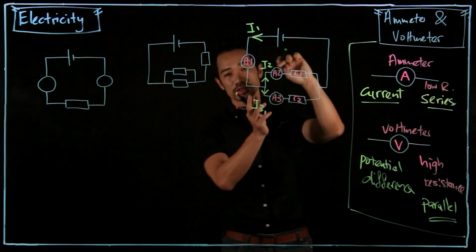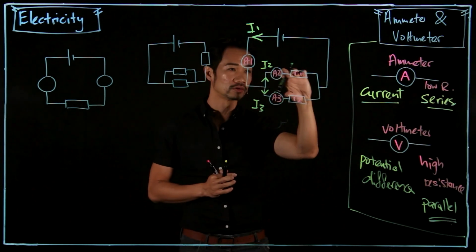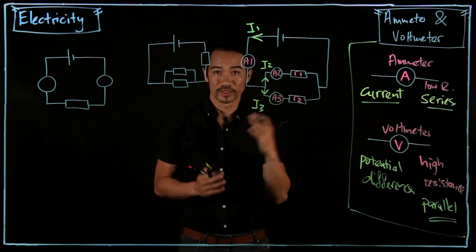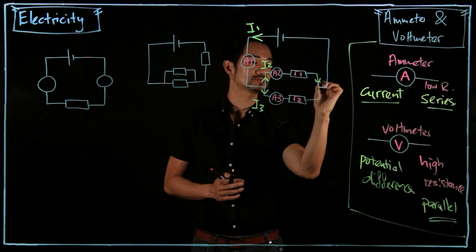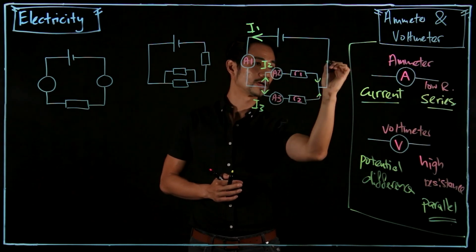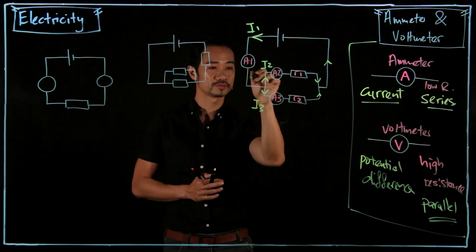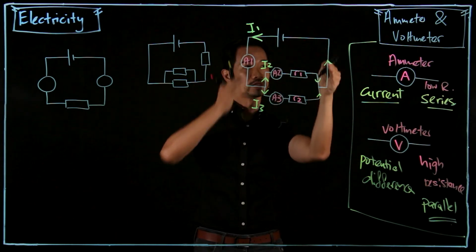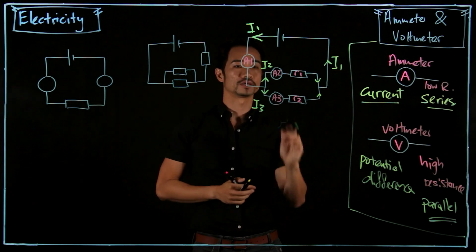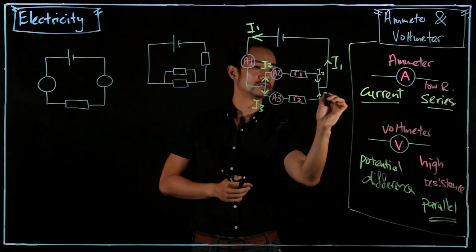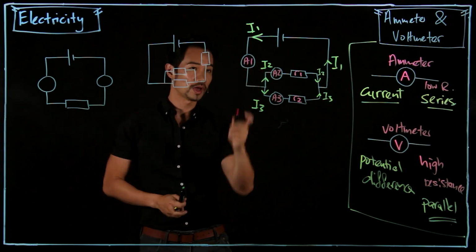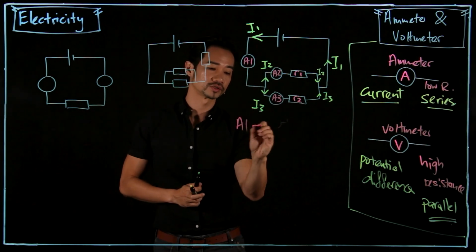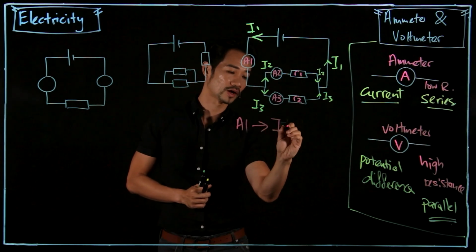The quantity of the current is dependent on the resistance on the pathway. We'll cover that later on. Then they join back. So I1 comes here, splits into I2 and I3, and they come back together, so this is also I1. Ammeter A1 measures the value of I1.